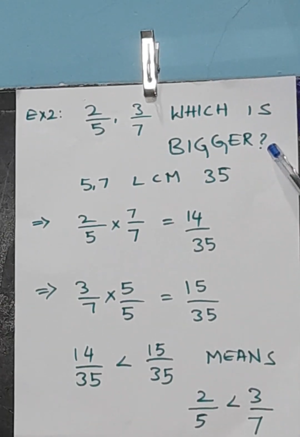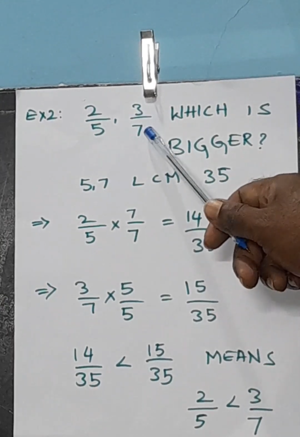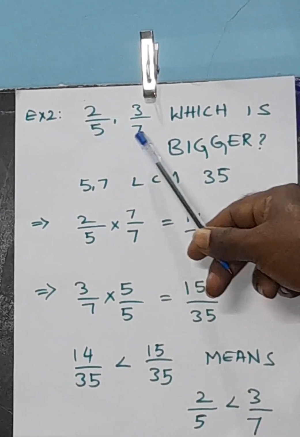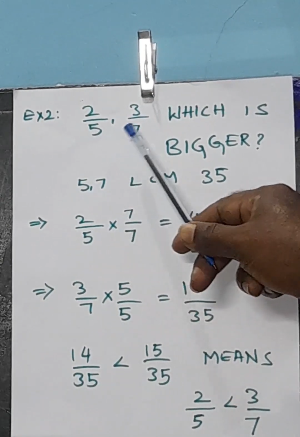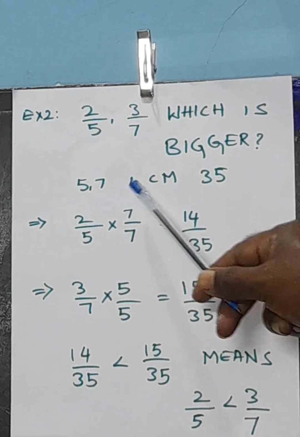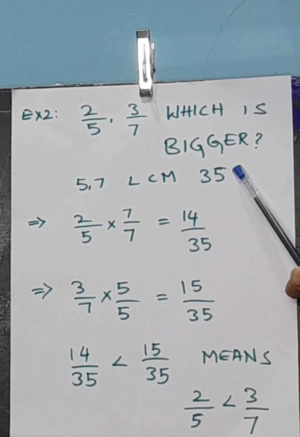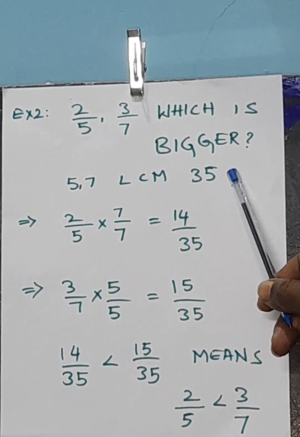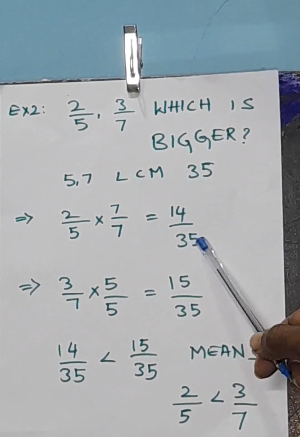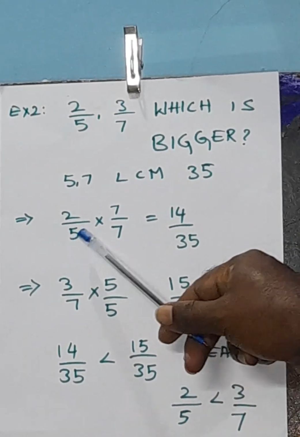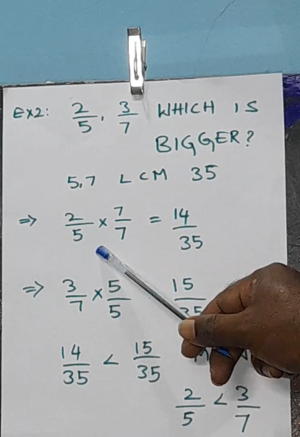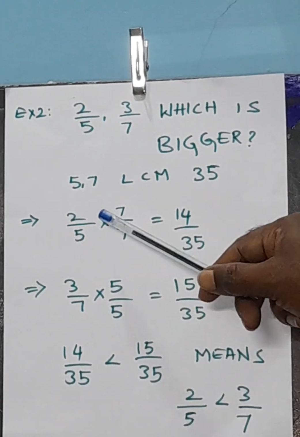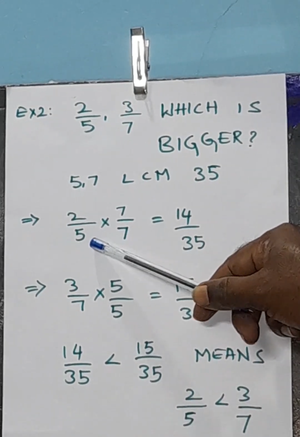So in order to find the bigger one of these unlike fractions, first we need to find the LCM of these two numbers, 5 and 7. The LCM of 5 and 7 is 35. So to get 35 in the denominator position, we have to take one number and multiply it with the numerator and denominator.